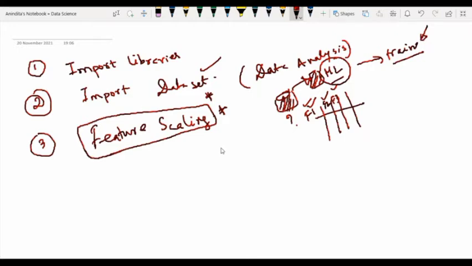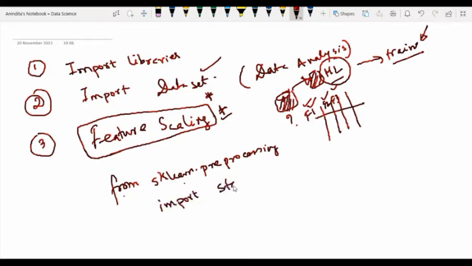And in order to perform feature scaling, which library do you need? You need the sklearn library. So in sklearn, you have preprocessing. From sklearn.preprocessing, import StandardScaler.